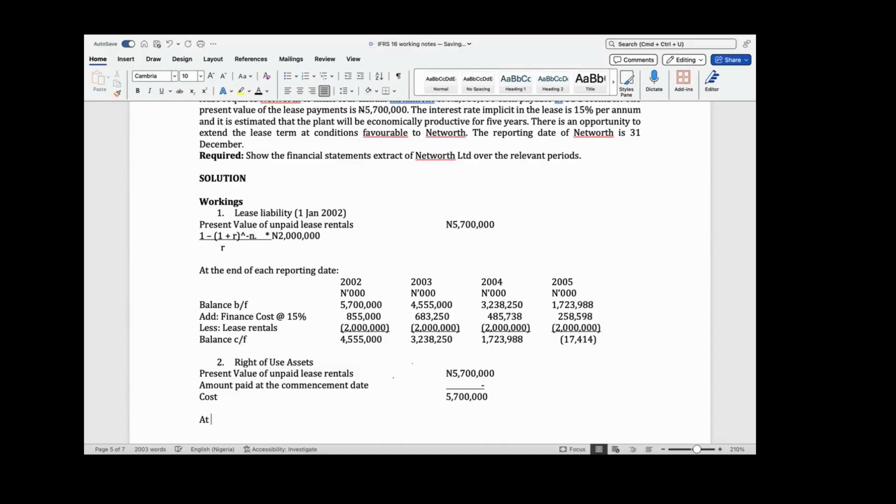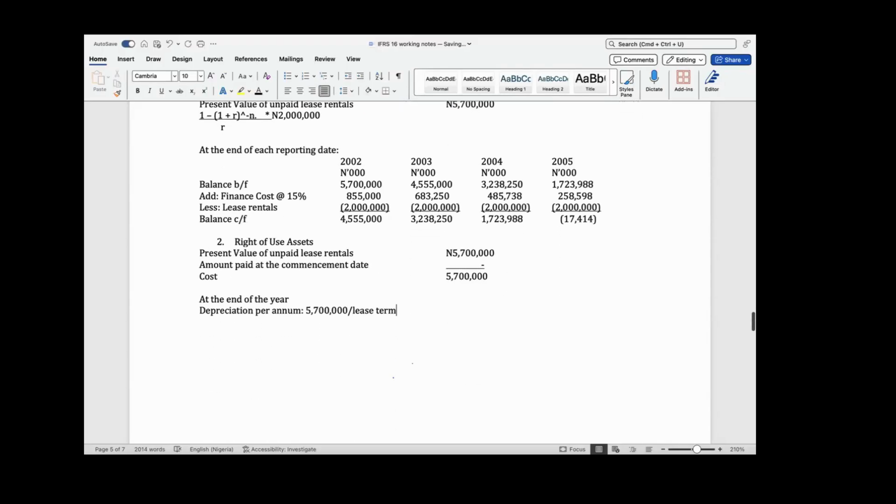At the end of the year, we'll do our depreciation per annum, which is 5.7 million divided by... you need to remember that when calculating depreciation under leases, it should be over the lease term, not over the useful life.